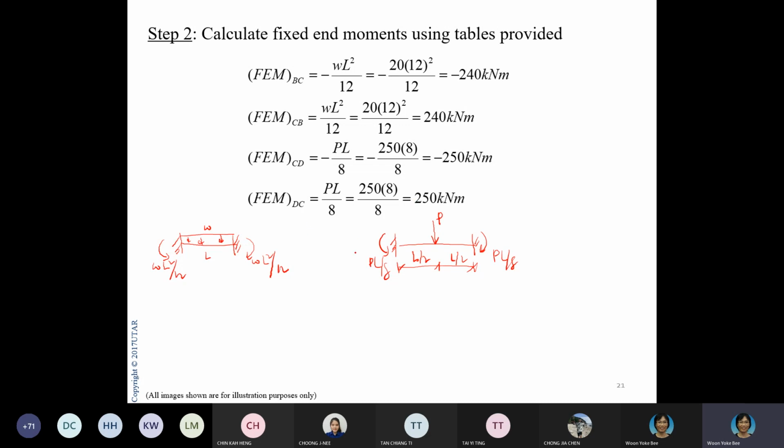So please, during exam, don't be so careless. Look carefully where the load is. Whether it is a fully uniformly distributed load, whether it is a partial uniformly distributed load, whether it's a triangular load, whether it is a point load, where is the point load? Please read the tables carefully, because once you get this wrong, the whole thing is all wrong, and you're not going to get your full marks there.